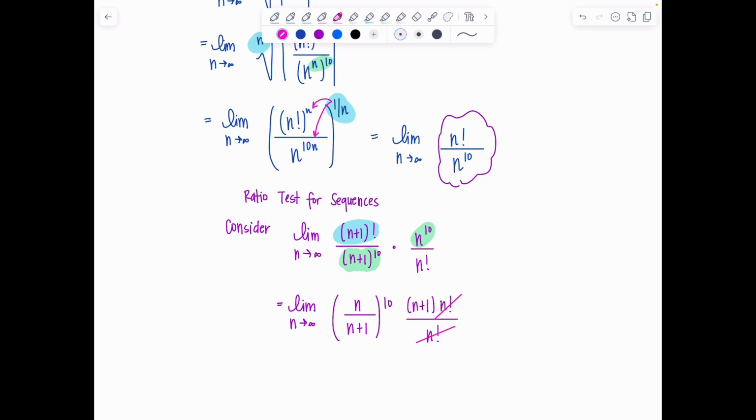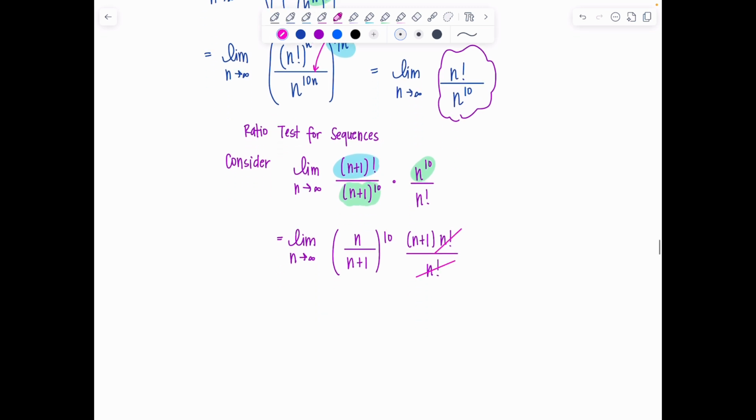Now, how would you work with this limit? Just focus on the inside. I can't split the denominator the way I did in the previous problem because we have two terms here, but I'm going to divide everybody by n. So divide by n, everybody, okay? Then this is the limit as n goes to infinity, 1 over 1 plus 1 over n to the 10th. And then I have times n plus 1.